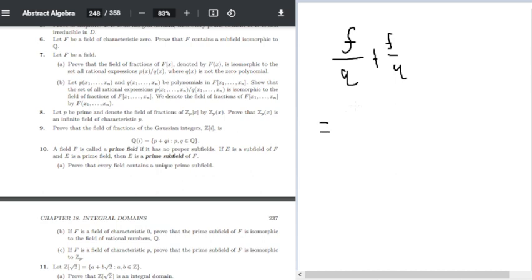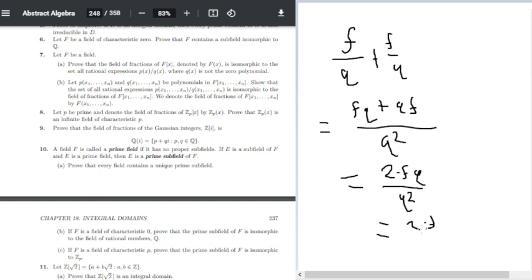So f over q plus f over q is equal to fq plus qf over q squared, which is equal to 2fq over q squared, which is equal to 2 times f over q.